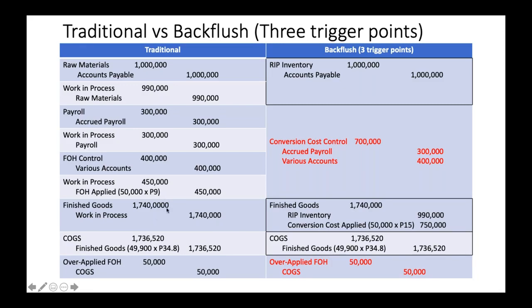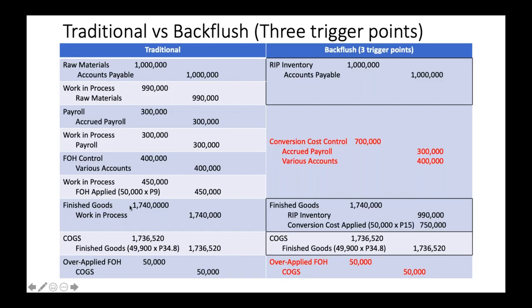And then we finished 50,000 units, debit finished goods 1,740,000 and then credit work in process 1,740,000.